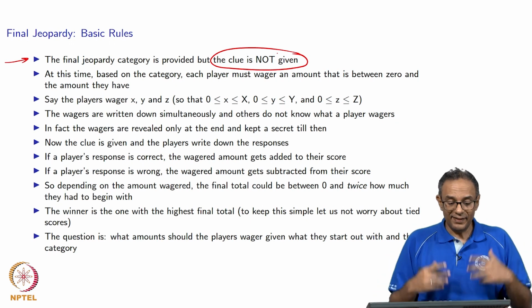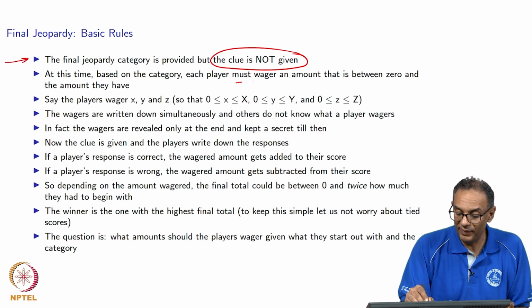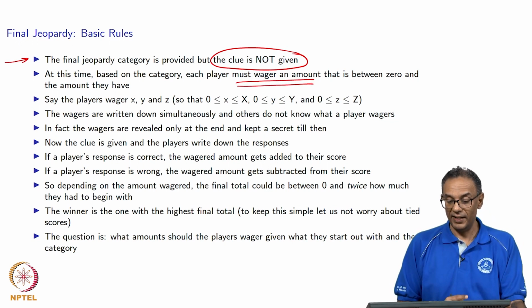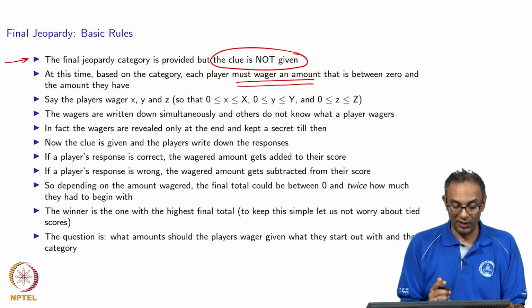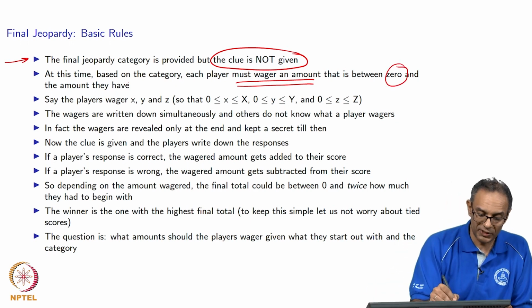Now, once the category is revealed, you as a player need to wager an amount. You need to say, I will wager this amount of money, and that number has to be between 0 and how much money you have.